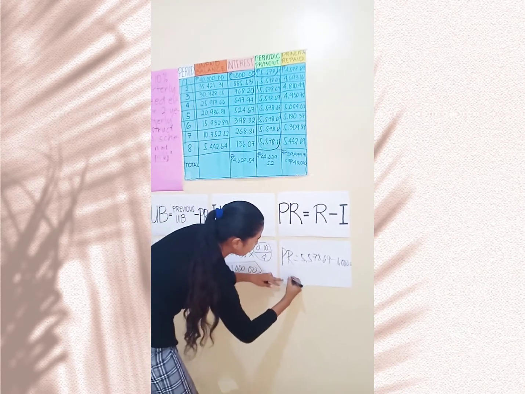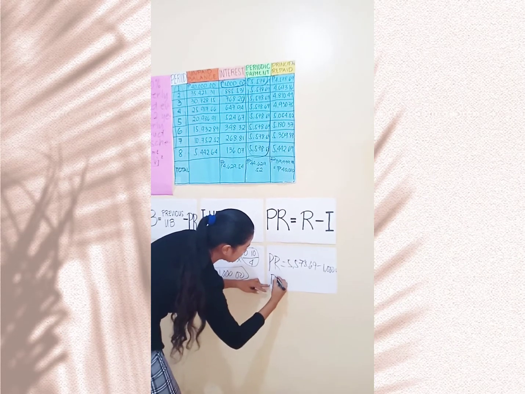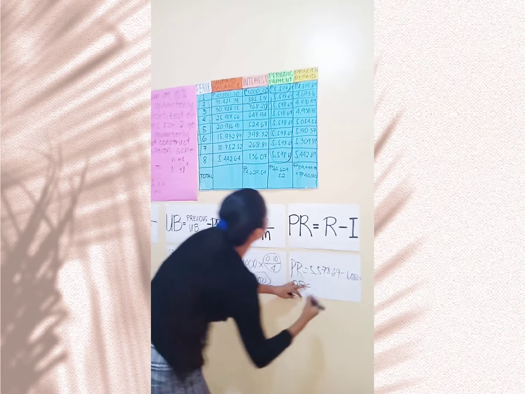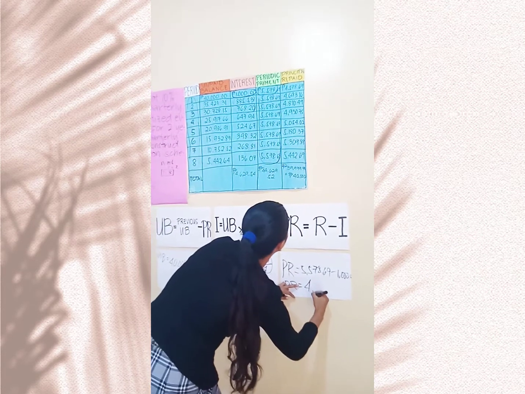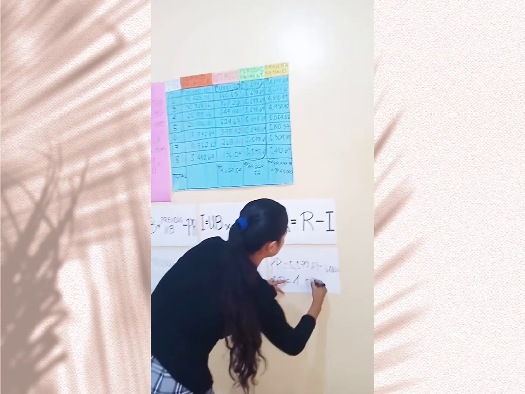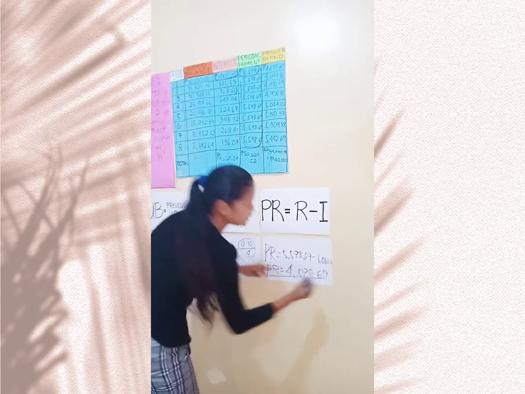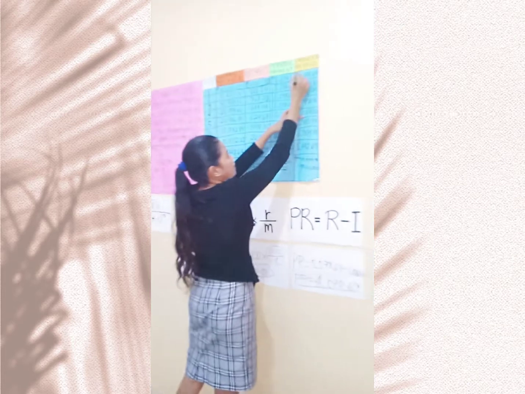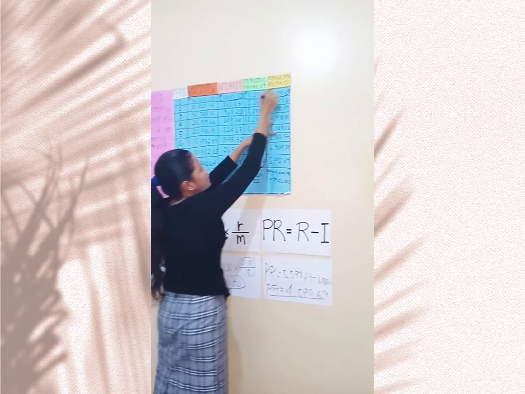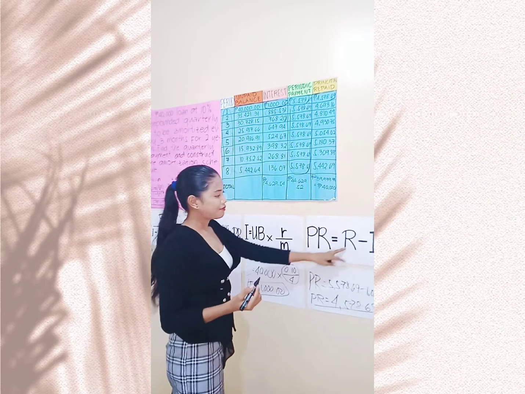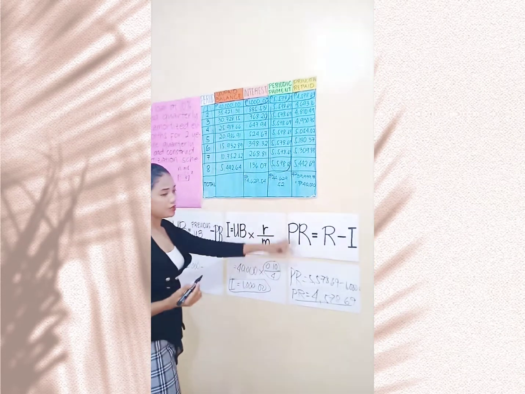So our principal repaid on the first period is equal to 4,578.69. That is subtracting the interest from the periodic payment.